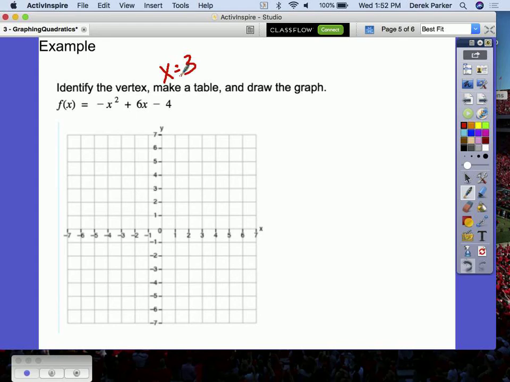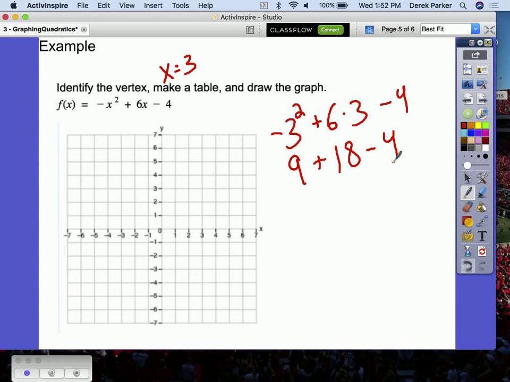I now plug that into the equation. Negative 3 squared, plus 6 times 3 minus 4. Positive 9 plus 18 minus 4. I apologize, that's negative 9, because that's saying negative 1 times 3 squared.